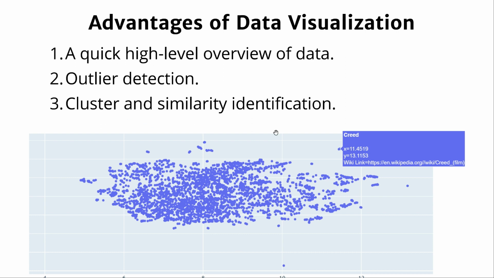And you can also identify clusters and do similarity. For example, you can look here and probably that's all Fast and Furious movies, so you can see how many movies are together that are in a similar genre or talk about cars. So you can identify clusters and similarities easily.